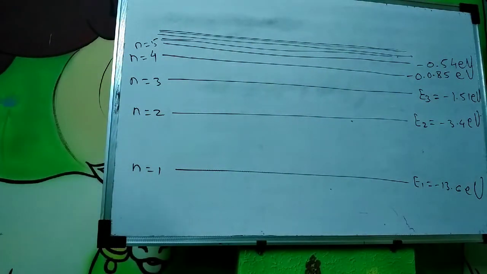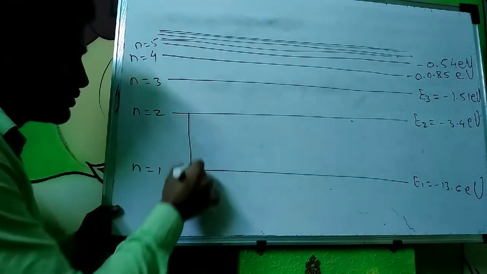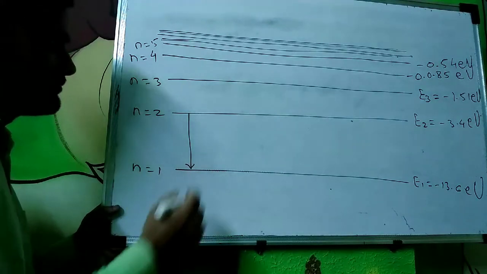So in the Lyman series, how does the transition of the electron take place? By getting energy, the electron can jump to any of the higher orbits, but after some time it will again come back to the first orbit. It can go to the second orbit, again it can reach the first.